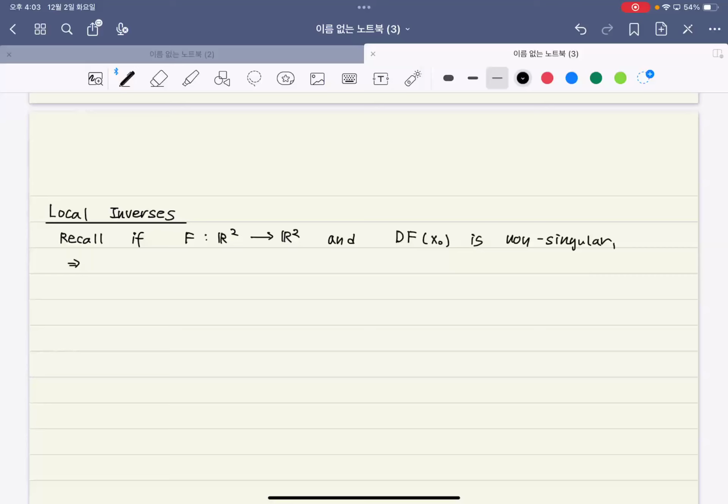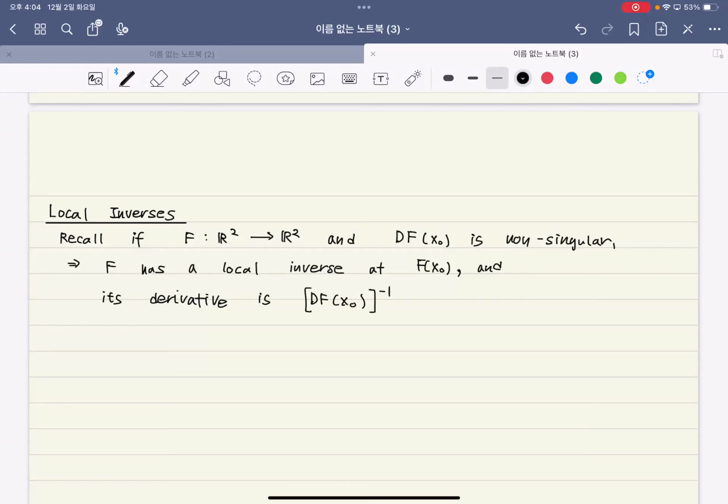And then we say that f has a local inverse at f of x0, and its derivative is the inverse matrix of your matrix derivative Df.